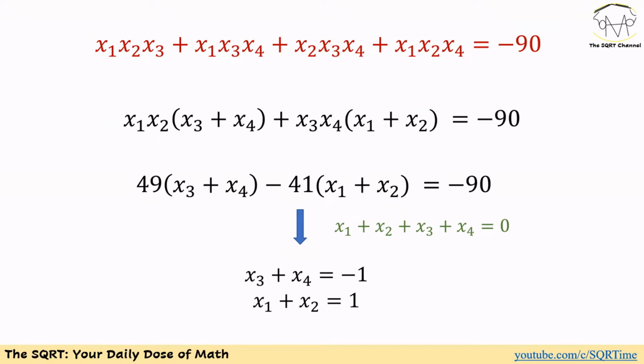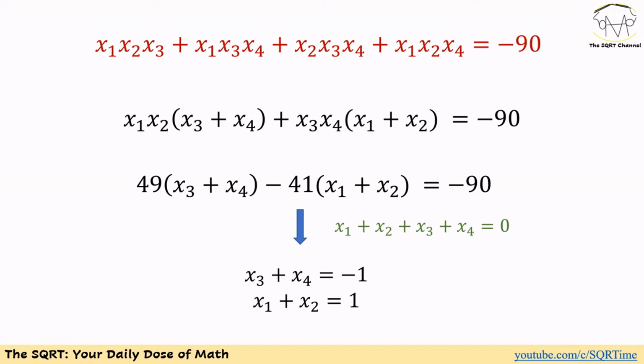And then we will replace what we found for x1, x2 and x3, x4. Then we are going to end up with the equation that you are seeing here. Basically we have 49 times x3 plus x4 minus 41 times x1 plus x2 is equal to negative 90.